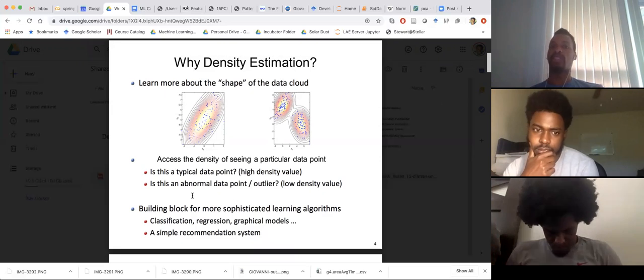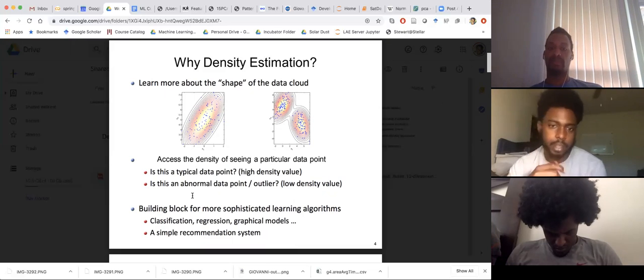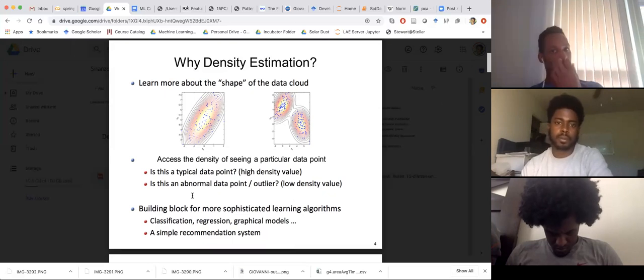So that allows you to see where there are a lot of points and where there aren't a lot of points. And so down here, you're looking at, is this a typical data point, or is this an abnormal point or outlier? So you can look at the density of the data and determine that. Oh, I see. Yeah. Okay. That makes a lot of sense.